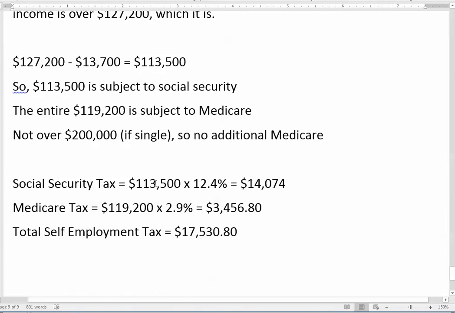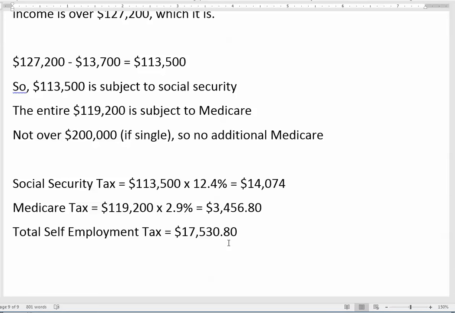Social Security tax on $113,500 at 12.4% is $14,074. Remember that's 6.2 times 2. And Medicare of the full $119,200 times 2.9%, which is 1.45 times 2, is $3,456.80. So she needs to pay self-employment tax of $17,530.80. So if you ever wondered what self-employment tax was, this is it.